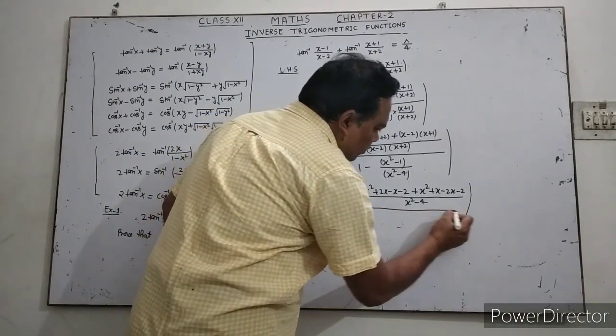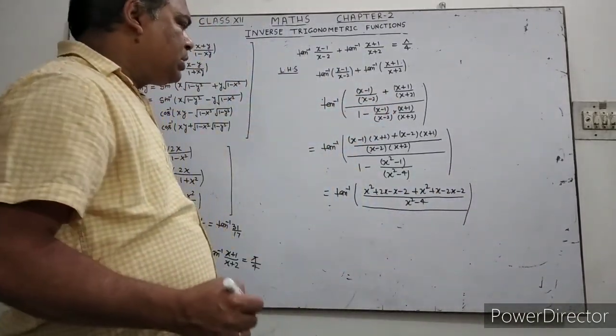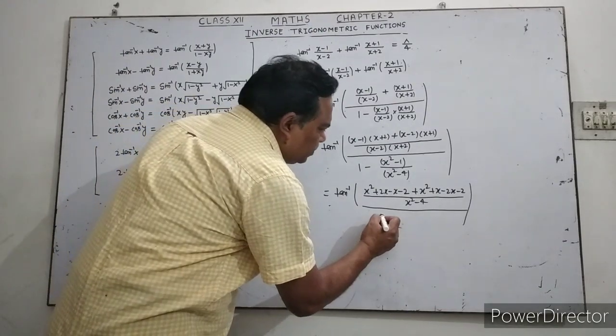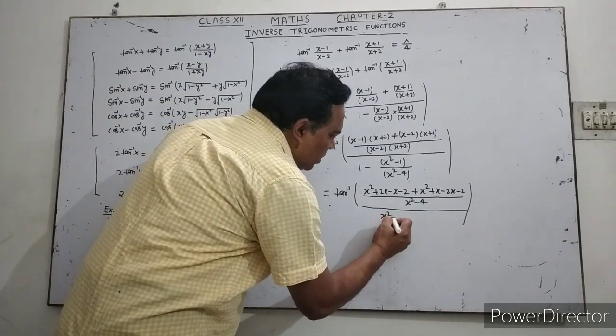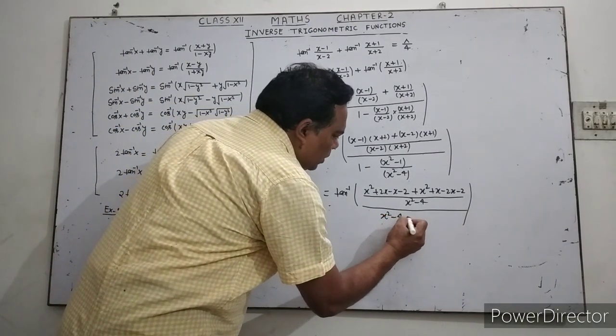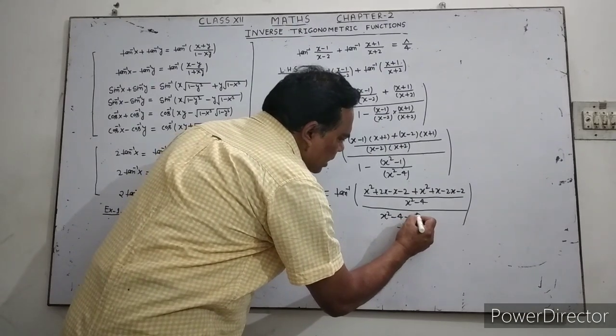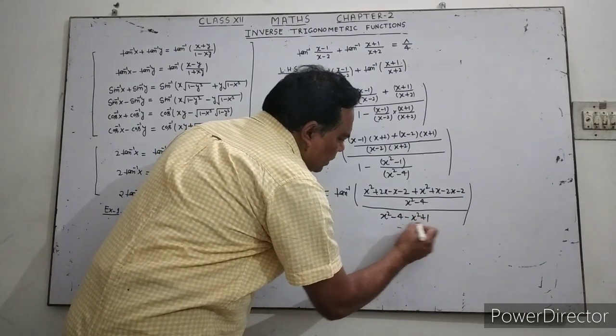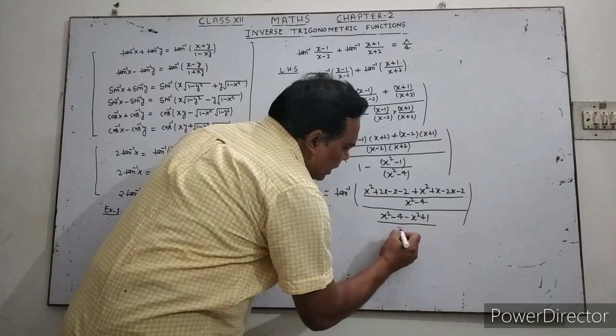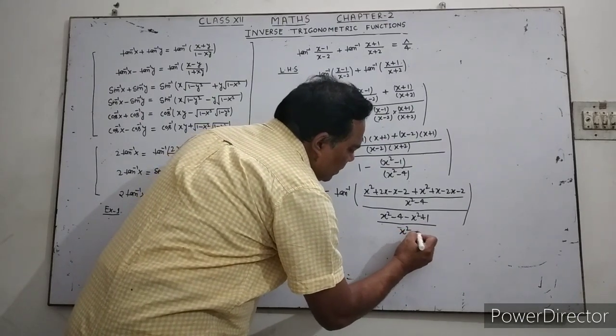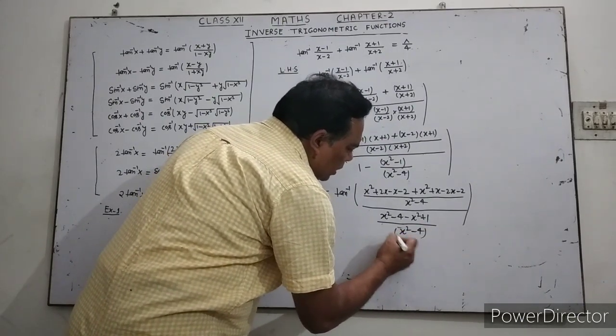Now the denominator is x square minus 4 minus x square plus 1, over x square minus 4.